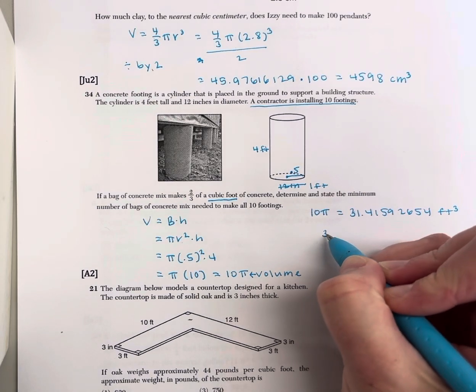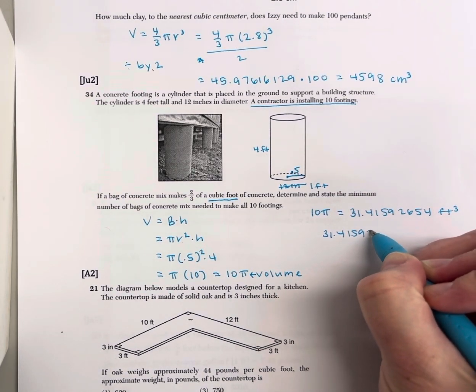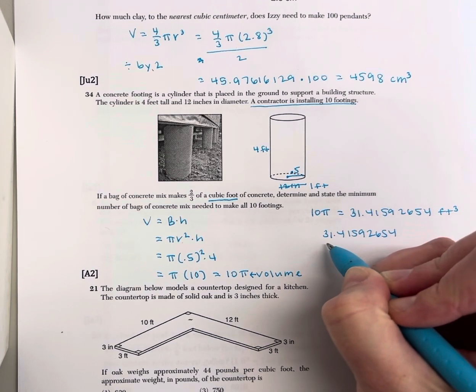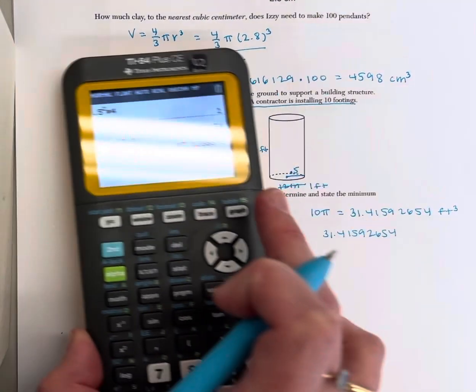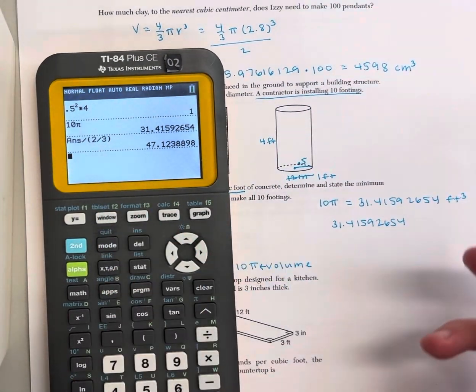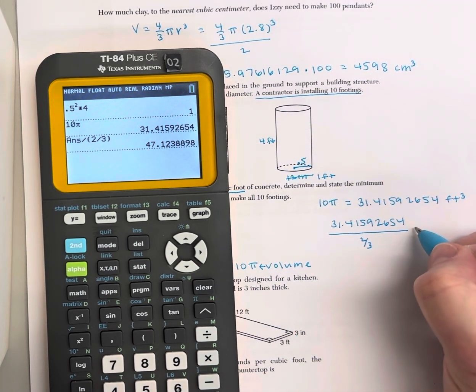So I'm going to take my 31 or my 10 pi, and on my calculator I'm going to divide it by 2/3, and that'll tell me how many bags.